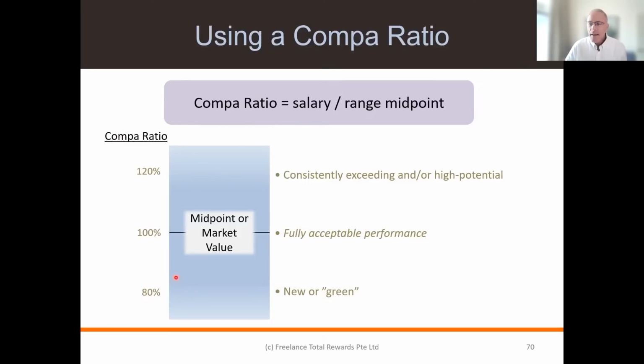If you bring in a top performer in the lower end of the range and you just give them the annual increase every year, and they get a high rating, so they get an extra 1 or 2%, and the range is moving up each year a little bit, they'll never make it to the upper end of the range.